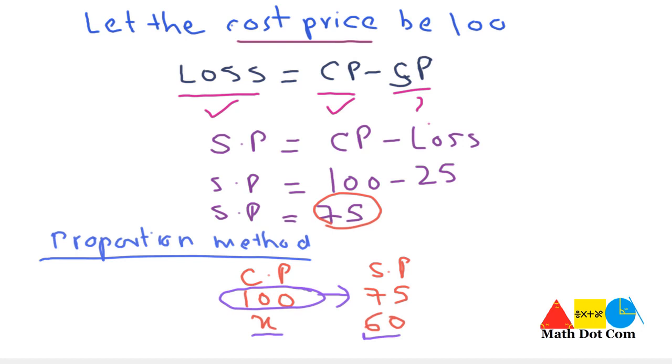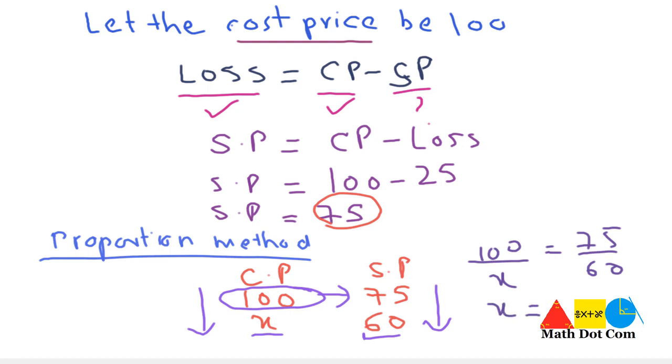So what we will have, we will write that if the sale price is decreasing, then the CP is also decreasing, so these are in direct proportion, and we may write it as 100 over x is equal to 75 over 60. So x is equal to 100 into 60 over 75.